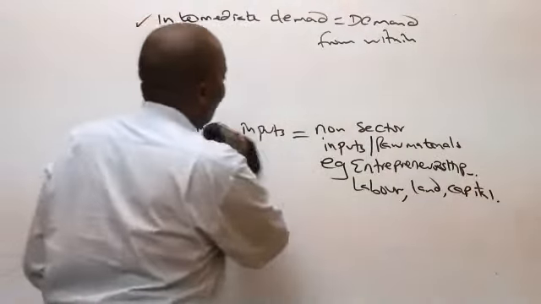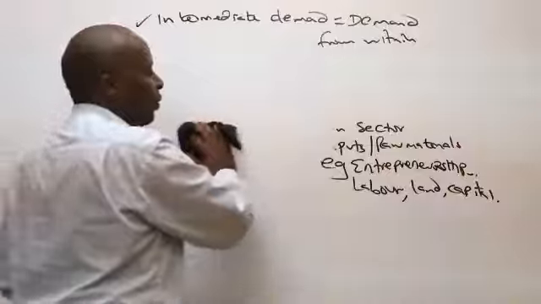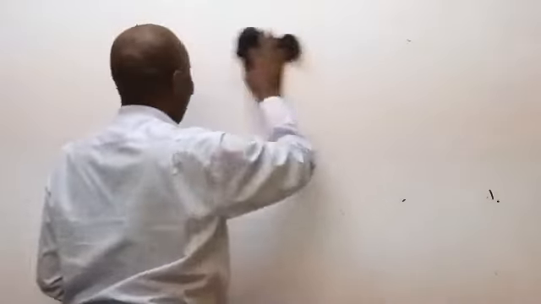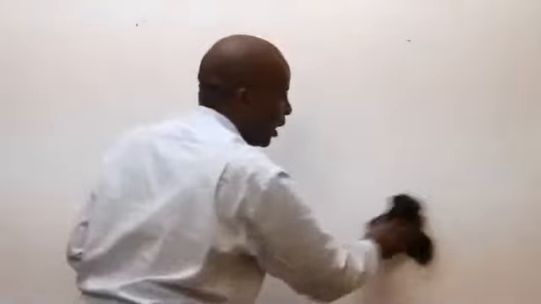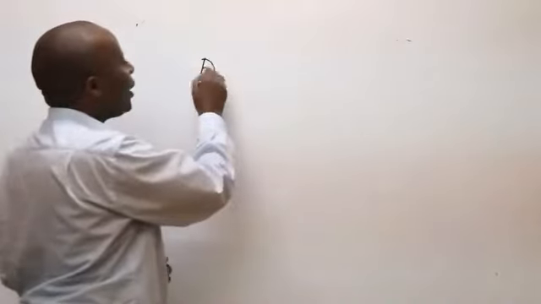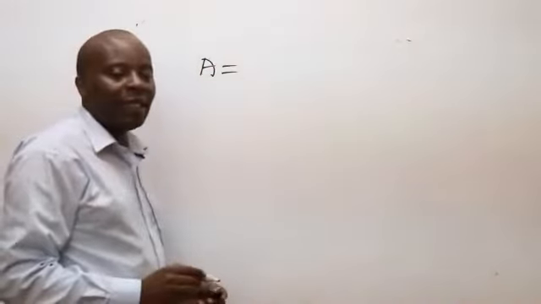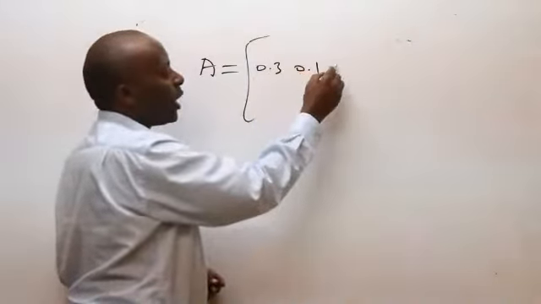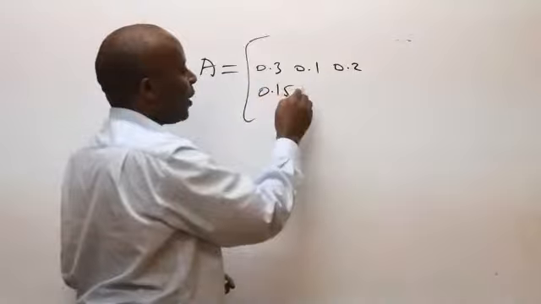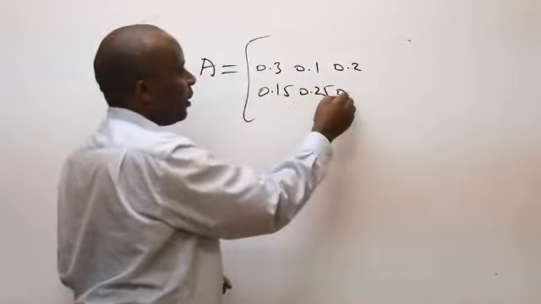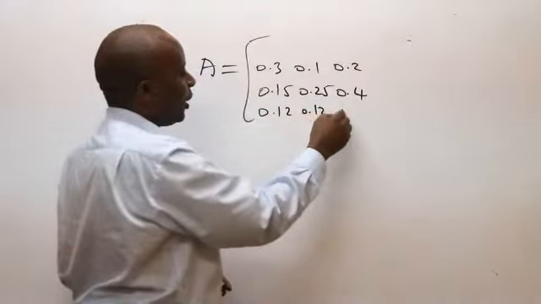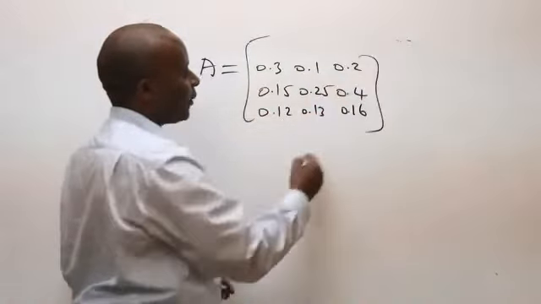If I was to be given a chance to set this exam of yours of August 30th, I'll come and give you a three sector thing. I'll give you A of 0.3, 0.1, maybe 0.2, 0.15, maybe 0.25, maybe 0.4, and maybe 0.13, 0.1, maybe 0.6, like that.